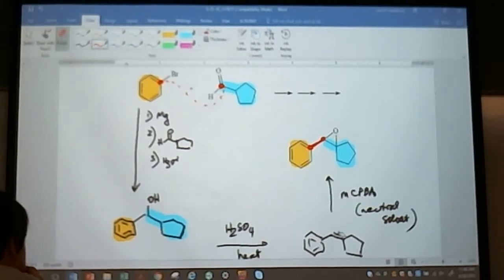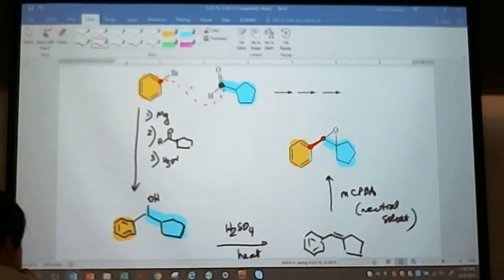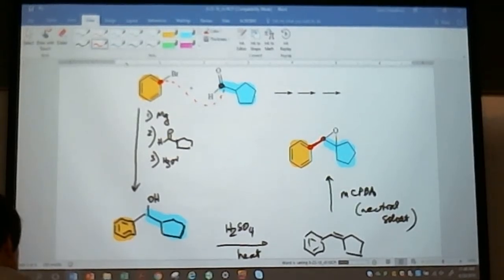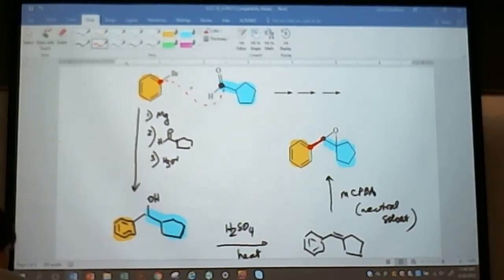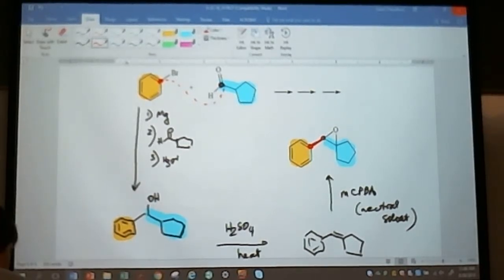Okay? All right, so we're done with chapter 10, which is basically review from organic 1. Now we're going to start with new material, which is organic 2. So let's go on to chapter 11.